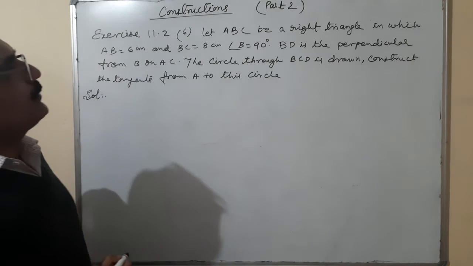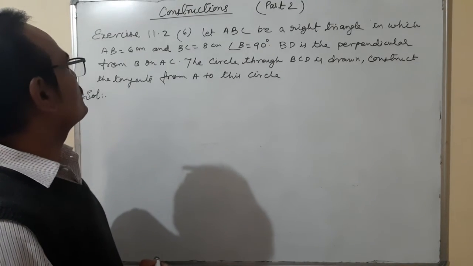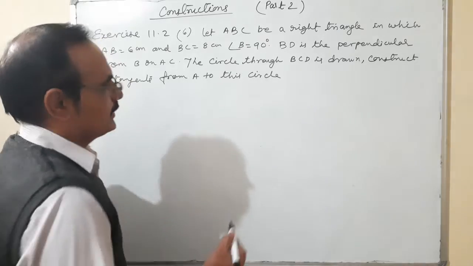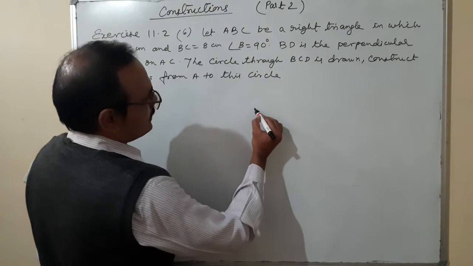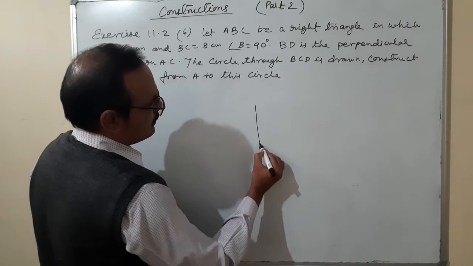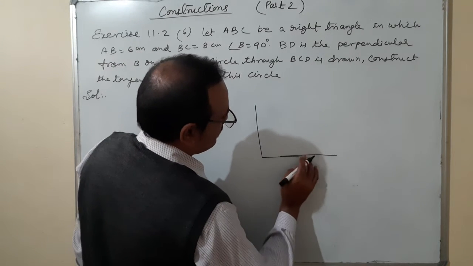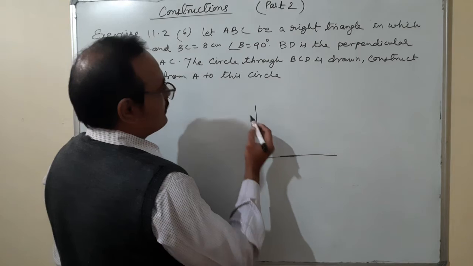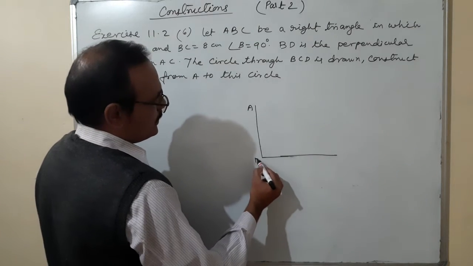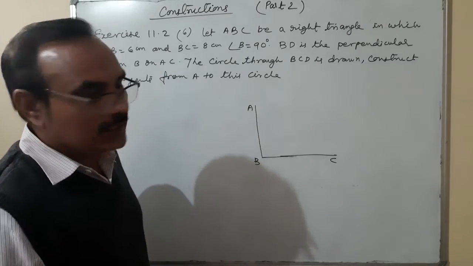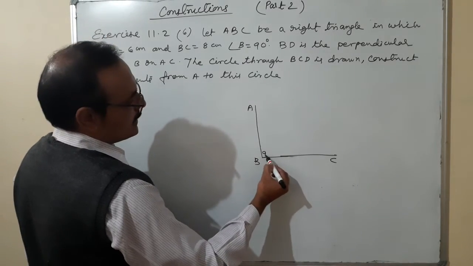Number 1, let ABC be a right triangle in which AB is equal to 6 centimeter, BC is equal to 8 centimeter, angle B is equal to 90 degree. Okay. So this is a triangle ABC. First of all, we'll have to draw a right angle triangle. Right angle at B. B is 90 degree.